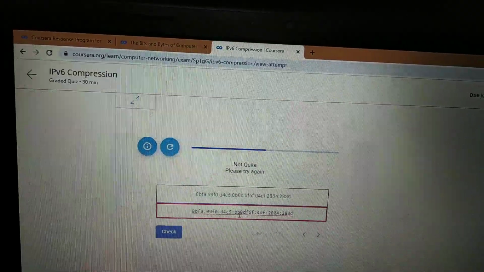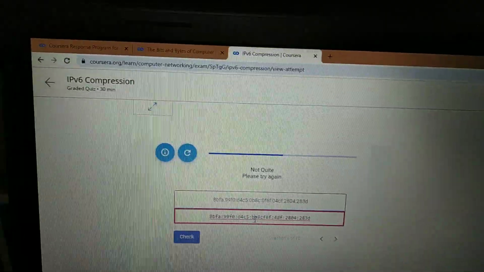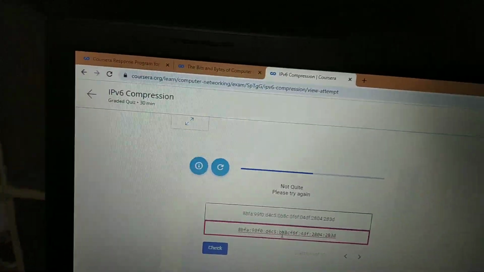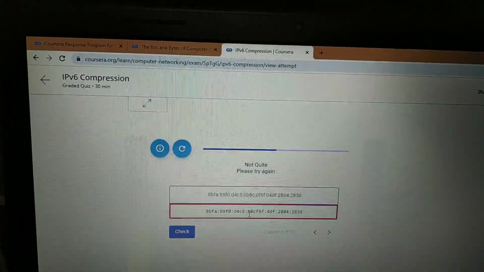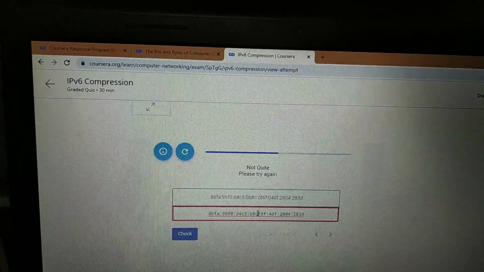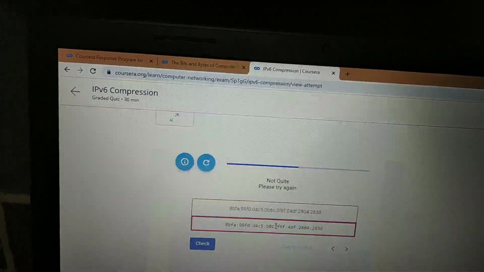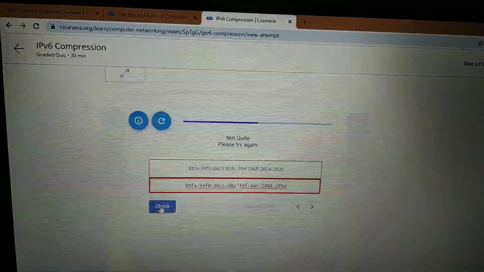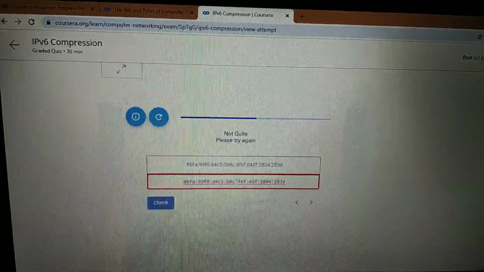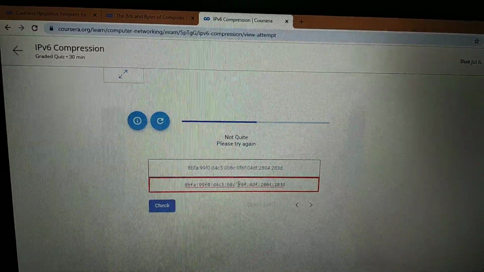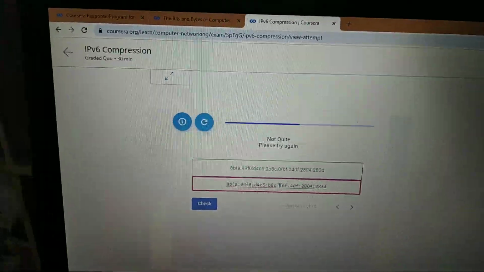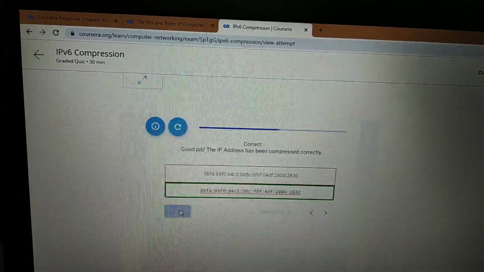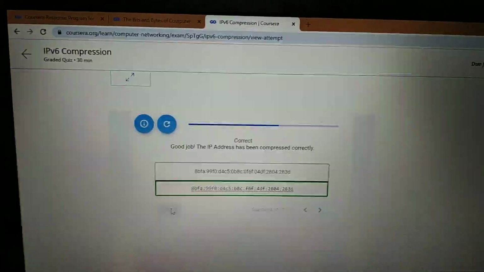B8C, sorry, I got double B. I'm eliminating the double B. B8C colon. Now I'll get it. I have missed that. Sorry, instead of colon I have given semicolon. Now it's right. In the similar fashion we can continue.